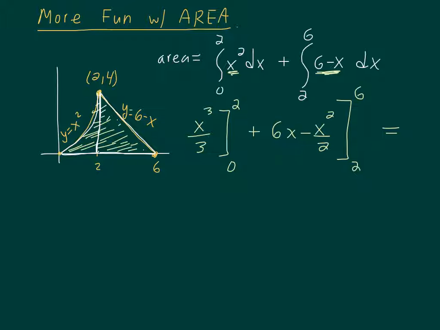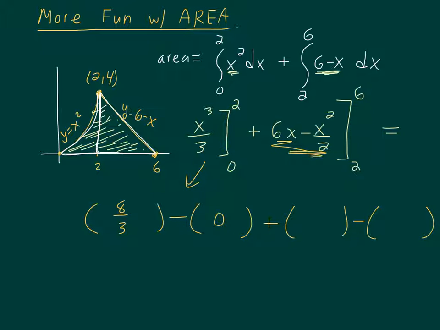Alright, so we have that square bracket with our bounds. At this point, we're going to draw ourselves a few parentheses. So for this portion of it, I'll do that over here. We're going to have 2 cubed over 3, so that's going to be 8 over 3 minus 0. Right, we're throwing the 0 in there next. Plus, same thing. Now we're going to drop a 6 into this entire part.